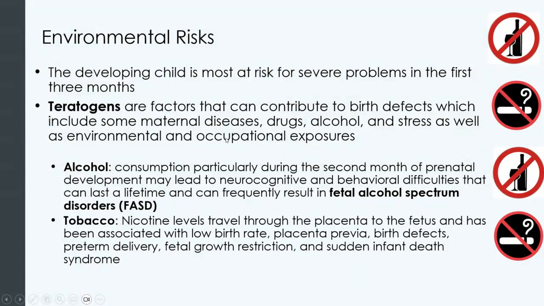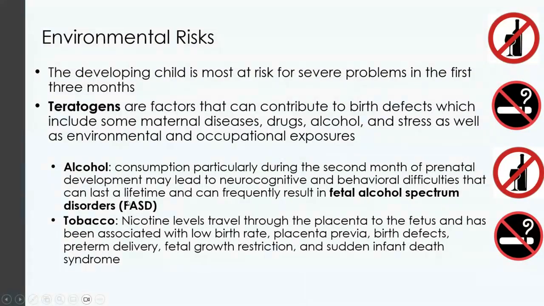For many, many years, they told women, don't worry about taking your Prozac, take your Prozac. And now, what are they saying? Was your child born with cleft palate? Was your child born with a birth defect? Were you on Prozac? And so, drugs, alcohol, anything that you're exposed to during development can be teratogenic and can contribute to birth defects.